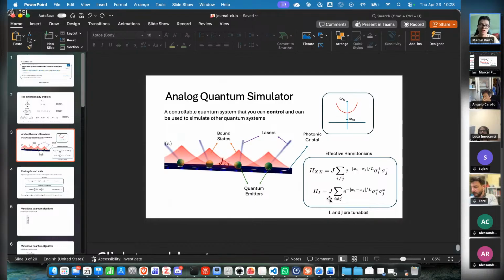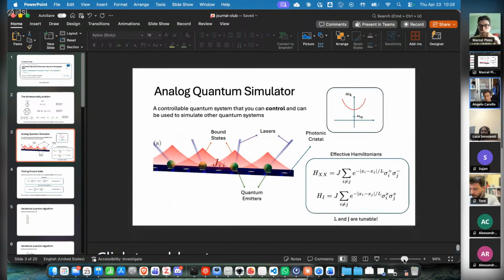I thought they could access only number conserving Hamiltonians. So you are saying that they also have access to this XX. This is not number conserving, right? But in the end, they can do this kind of plus minus and plus minus. Yeah, because they're dealing with qubits, you can write this sigma x as a combination of plus and minus, right? This is what they do in the paper.